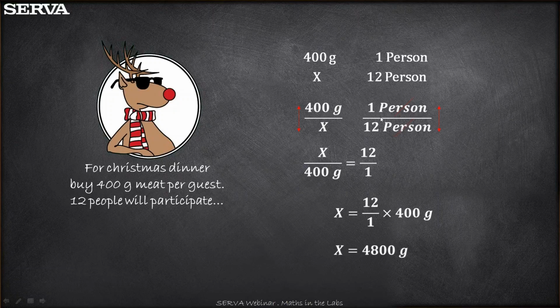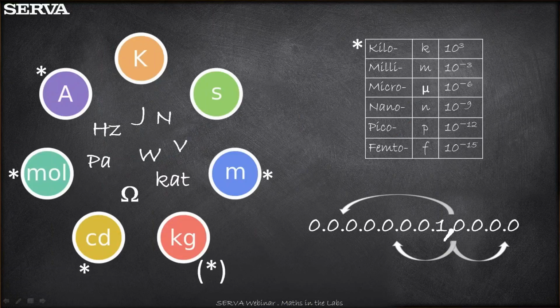This reduction of units is a very important step in laboratory arithmetic. Therefore, it makes sense to talk about units more intensively. Please note the colored 7 base units of the International System of Units.